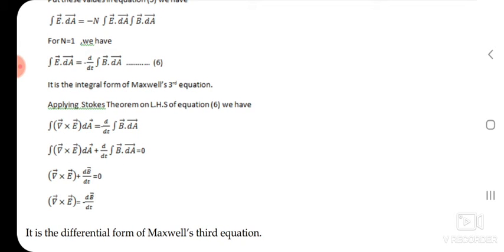Now, applying Stokes theorem to the left hand side of equation 6.